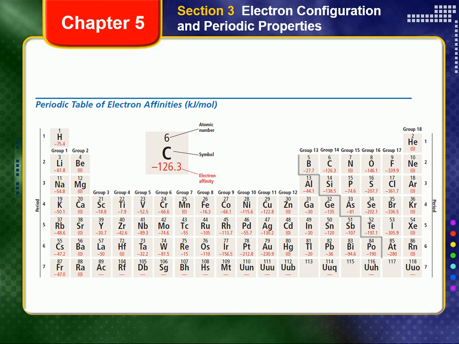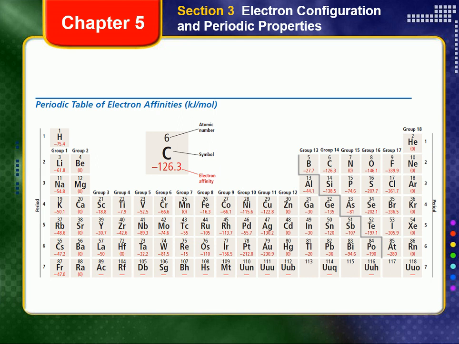Group trends. Trends for electron affinities within groups are not as regular as trends for ionization energies. As a general rule, electrons add with greater difficulty down a group. This pattern is a result of two competing factors. The first is a slight increase in the effective nuclear charge down a group, which increases electron affinities.